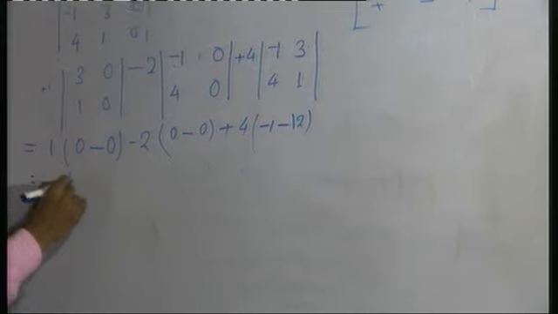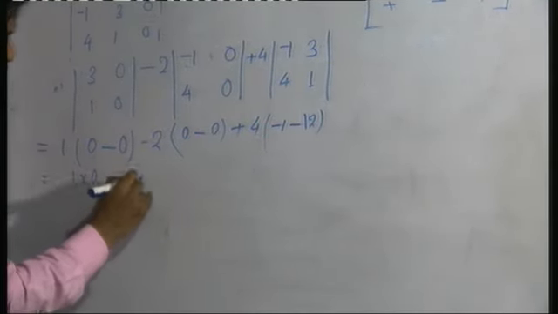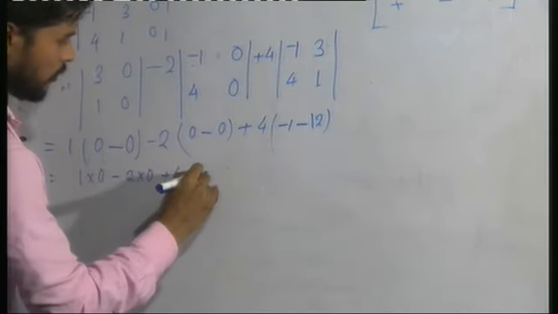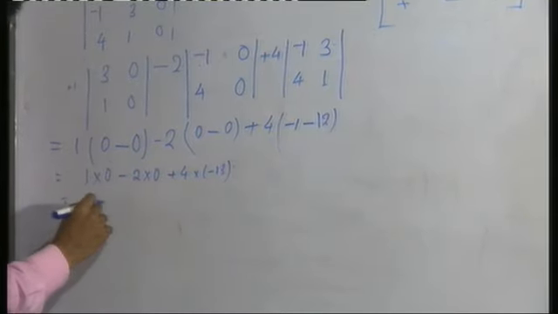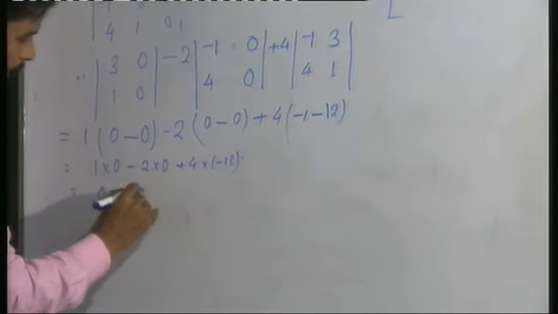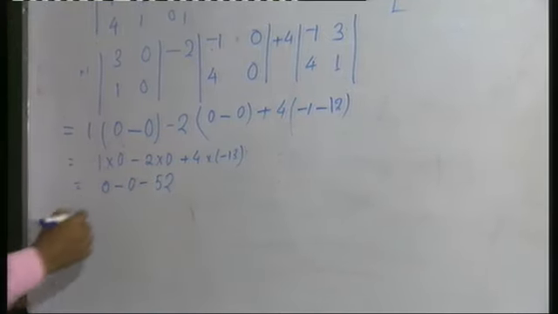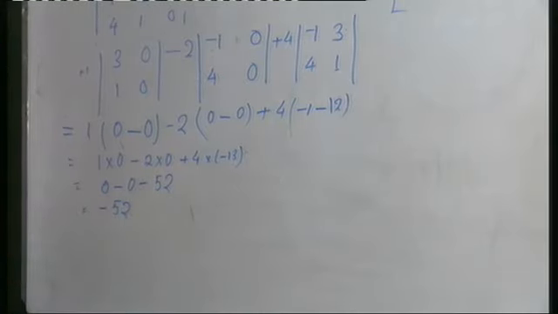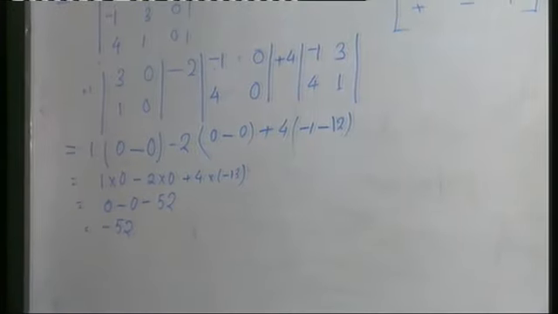So 1 into 0 minus 2 into 0 plus 4 into minus 13: this is 0, minus 0 and minus 13 fours are 52, and the answer is minus 52. So this is the way to expand a determinant of order 3 cross 3.